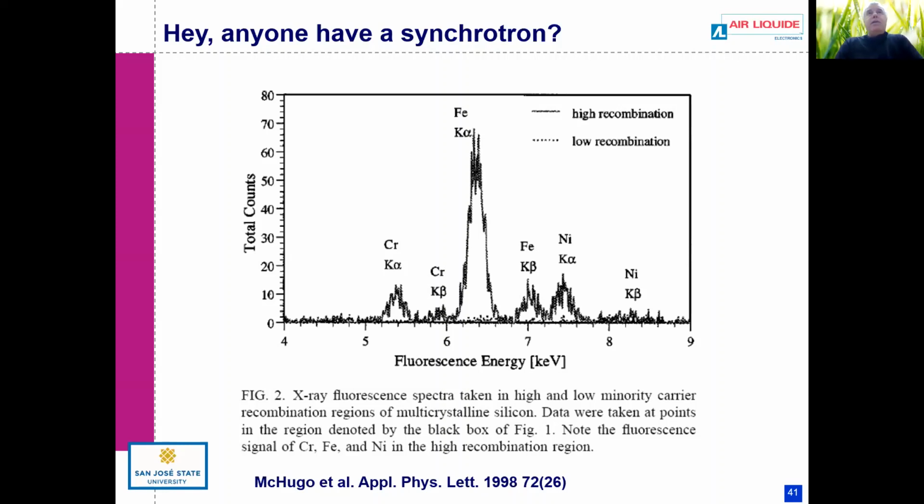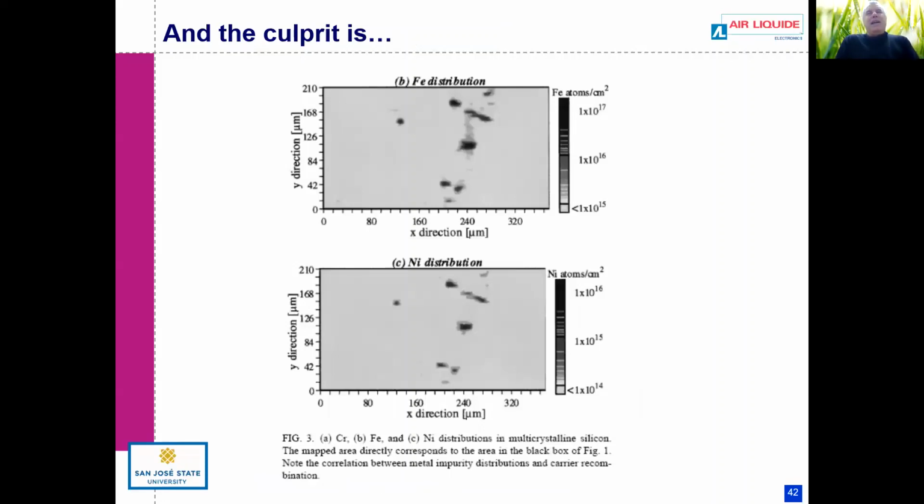And it's interesting that even with a synchrotron, it's hard to find the iron, right? But then if you do this type of thing, you can take just a tiny little focused beam or even collimated beam of X-rays, and you can pass it in this 200 by 300 micron area and scan it around, and you just count the number of X-rays that come as a function of position, right?